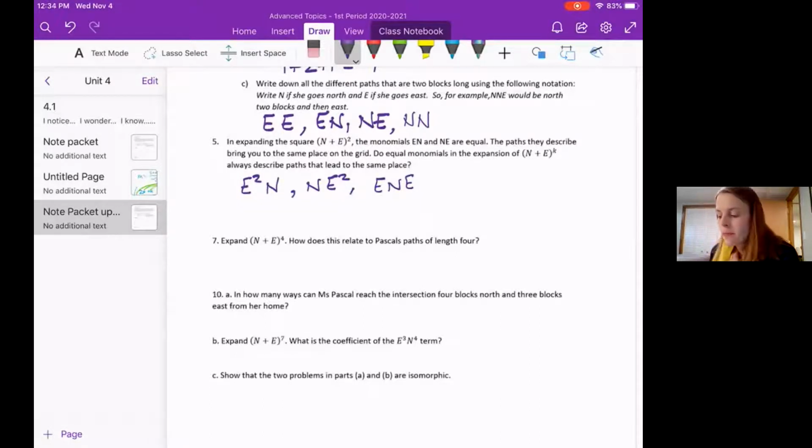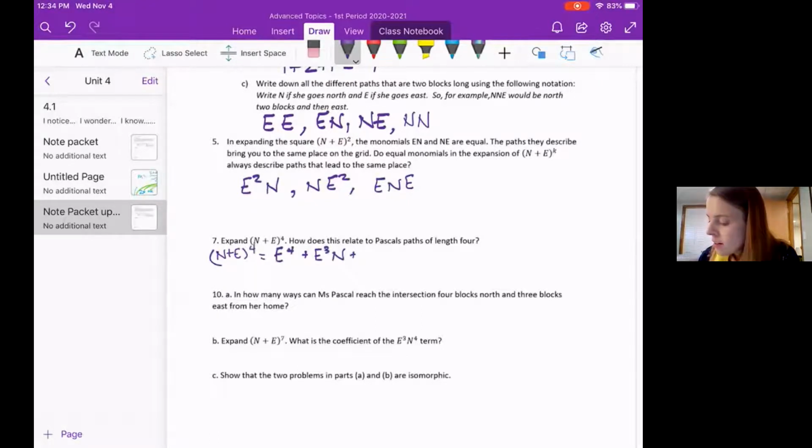Question number 7. Expand (n plus e) to the 4th. How does this relate to Pascal's paths of length 4? So let's start by expanding. We could get e to the 4th. We could get e cubed n.